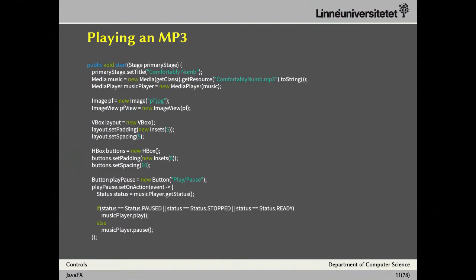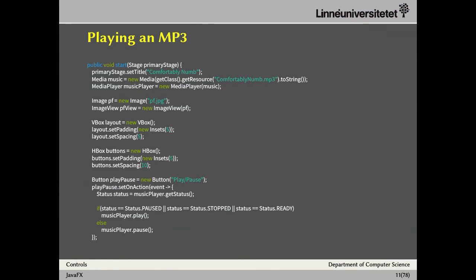To play an MP3 file, which is one of the most common ways of playing music today, we have this media object. And this media object works almost identically to the image object. So we create an object of this class, and we read the MP3 file in this case, and that's just the music, so to say, just as the image object is just the image.